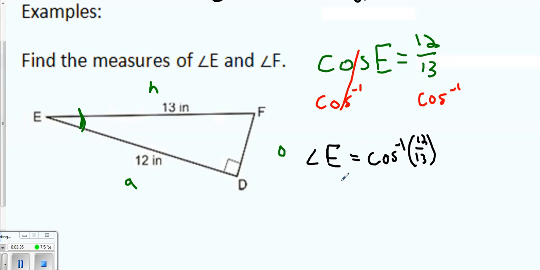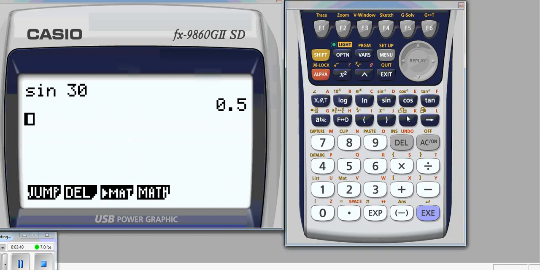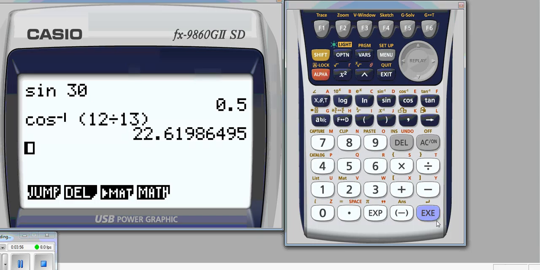So for me to find exactly how big that angle is, I just go over to my calculator and I would type in, you hit Shift, cosine, that gives you that cosine inverse, so cosine to the -1, and then in parentheses I just write my fraction, 12 over 13. So this is the cosine inverse of 12/13, and it's going to equal 22.619, bunch of junk afterwards.